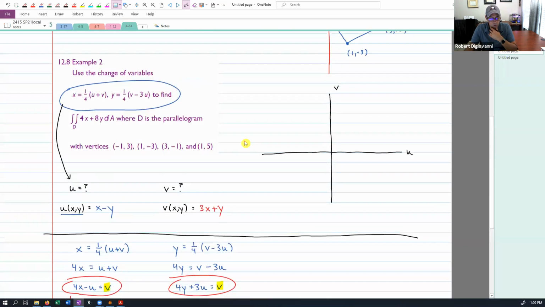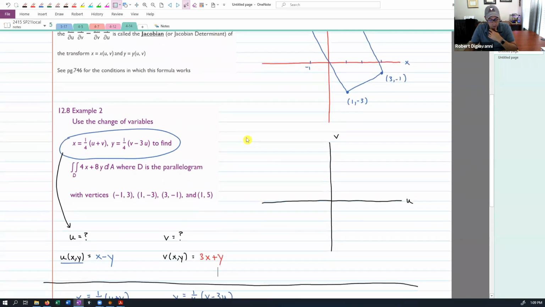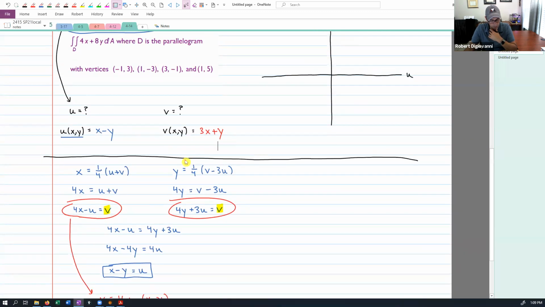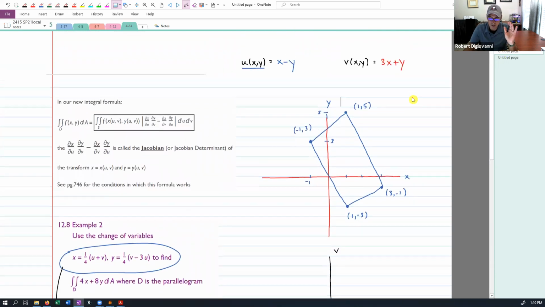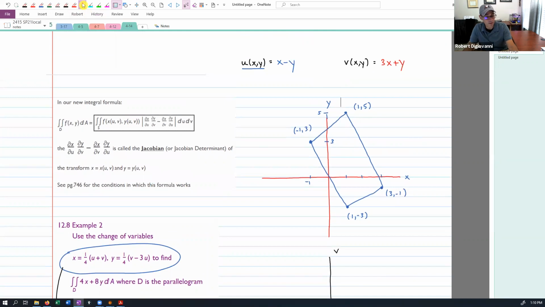All right, so what happens to these points under these transformations? And I'm going to copy this. I'm going to slap this up here so I can use it. Now some of you have taken linear algebra, some of you have not, but I'm just going to state this. We're not going to get into depth about this.